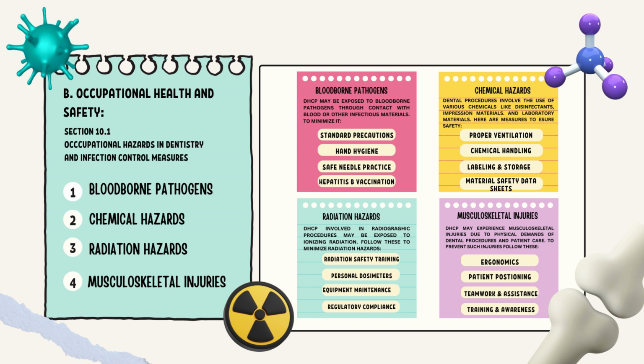In radiation hazards, it talks about how radiographic procedures may expose one to ionizing radiation. To minimize such radiation hazards, radiation safety training is a must. Personal dosimeters, equipment maintenance, and regulatory compliance must be followed.